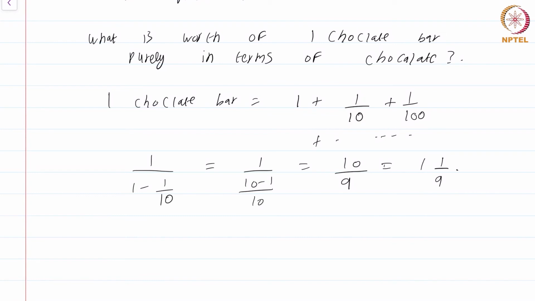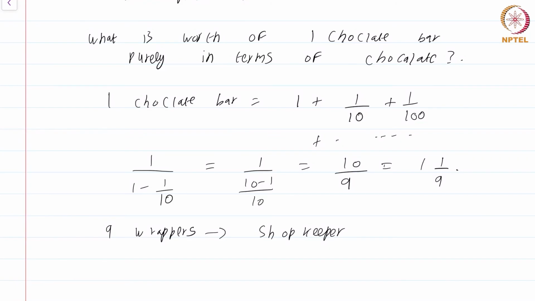Let's say you have 9 wrappers with you. What you do is you go to the shopkeeper and give him the 9 wrappers. And you tell the shopkeeper, you give me a chocolate bar, I'll give you one more wrapper immediately. The shopkeeper hands you a chocolate bar, and then you just remove the wrapper and give the shopkeeper the 10th wrapper.